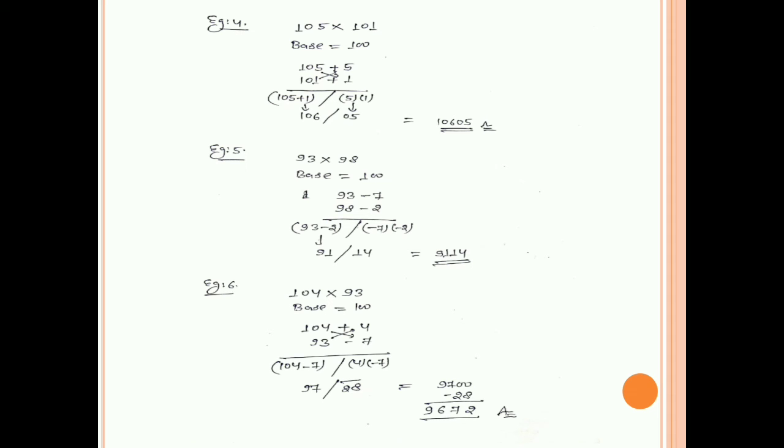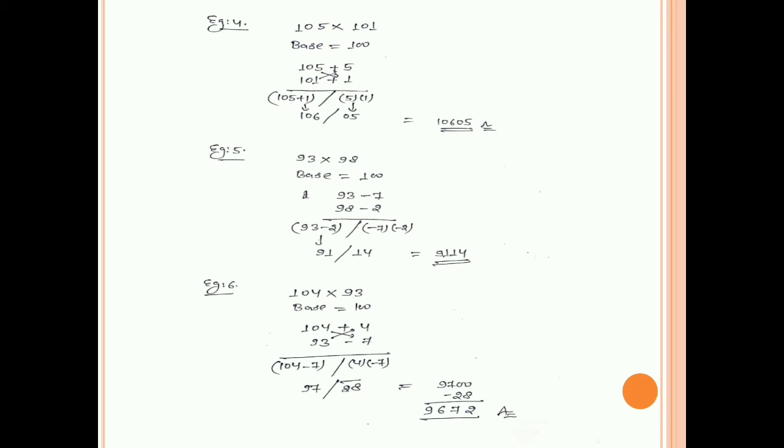9114. In the next example, one number is more than 100, that is 104, and 93 is less than 100. So we will write 104 plus 4 since it is more by 4, and 93 minus 7. Now we will multiply 4 and minus 7, we will get minus 28.